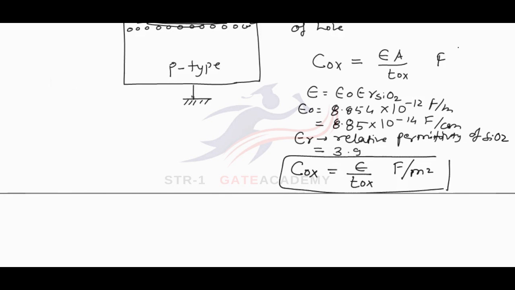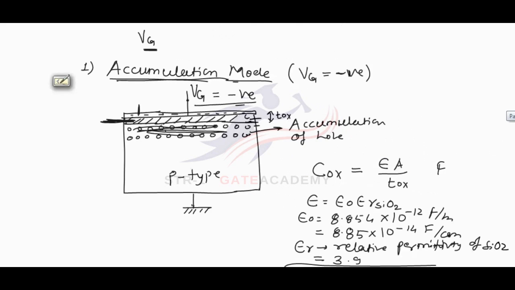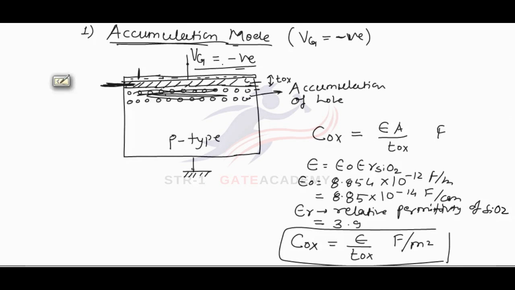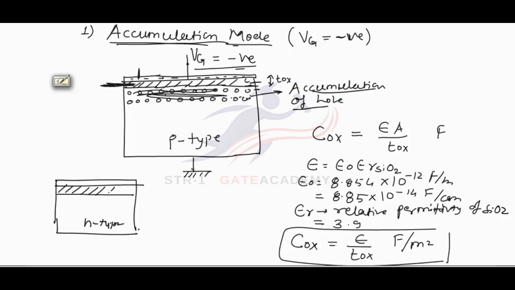So in accumulation mode, when a negative potential is applied to the gate terminal, the positively charged carriers of the p-type substrate will be accumulated near the oxide semiconductor interface, and this mode of operation is called accumulation mode. If we have an n-type substrate instead of a p-type substrate, then to operate it in accumulation mode, we must apply a positive voltage at the gate terminal.